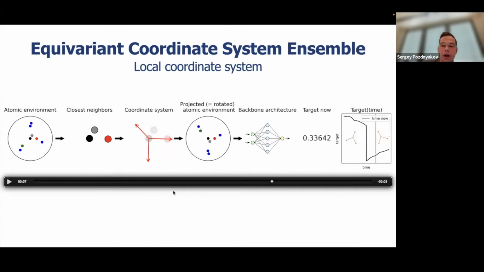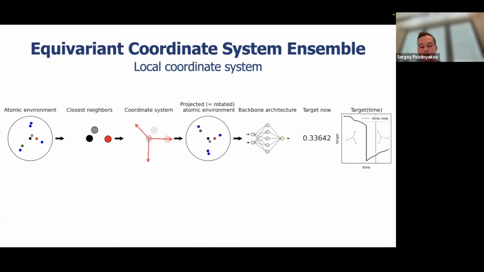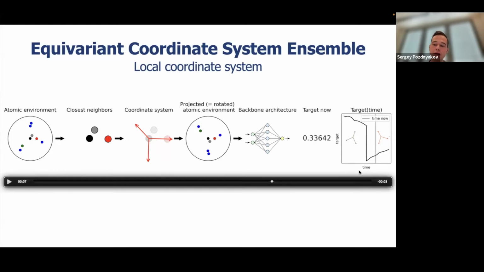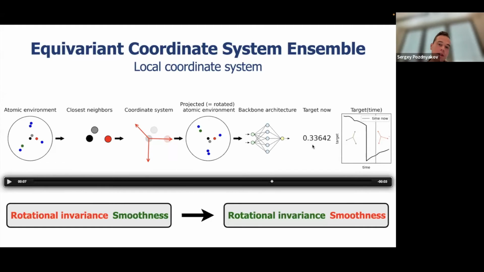So even despite the fact that our backbone architecture is smooth, the overall computational pipeline after the symmetrization is not smooth, which is especially clear on the static plot. As you can see, there is a discontinuity of the zero order. So this approach indeed helps us to enforce rotational invariance or equivariance, but it sacrifices smoothness, and that is not what we really want to do.